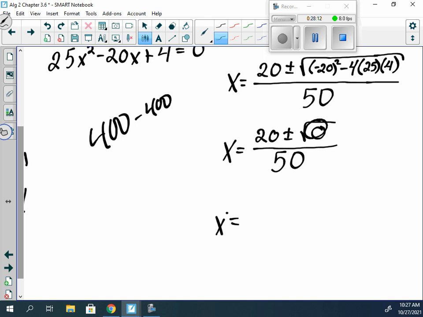Well, this whole thing is just 0, yes? What's 20 plus 0? 20. 20 minus 0 is? So really we're just left with 20 over 50, which means x is equal to?